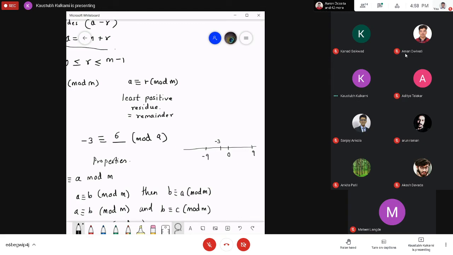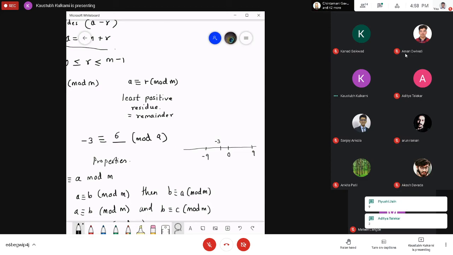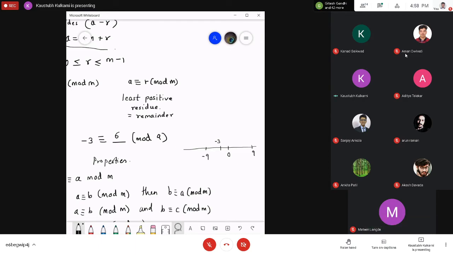Okay, if I use 0 as my multiple of 9, what will be the remainder? Zero will not be the remainder. Not 9, not 3.